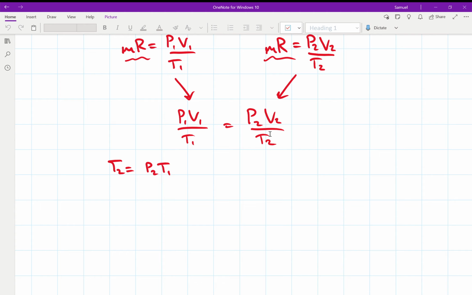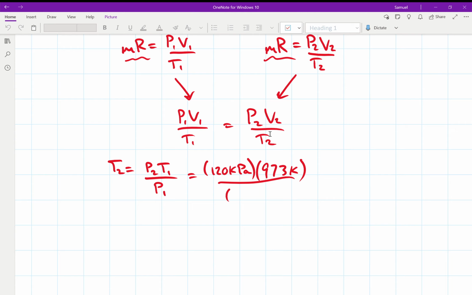Substituting, I have 120 kilopascals times, now I'm going to hesitate before I write this temperature. Whenever you use the ideal gas equation, you need to use Kelvin. So I'll write my 973 and divide that by the 173.5 kilopascals.